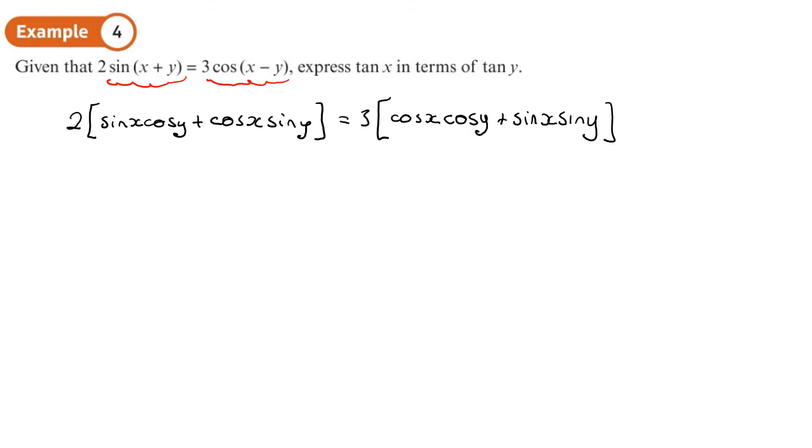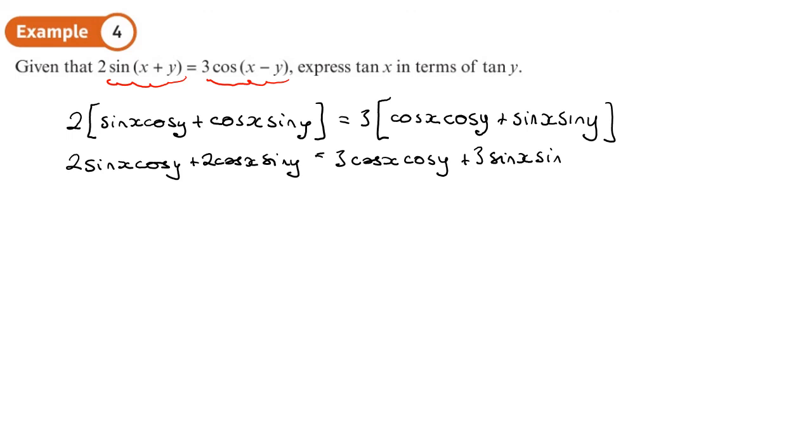Okay, so we want to get tan y on one side. So let's expand the brackets first, like this, plus 2 cos x sine y equals 3 cos x cos y plus 3 sine x sine y.